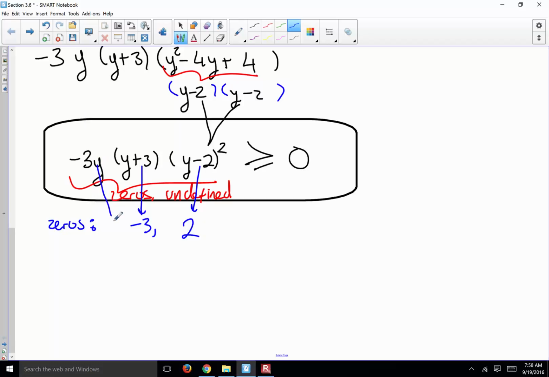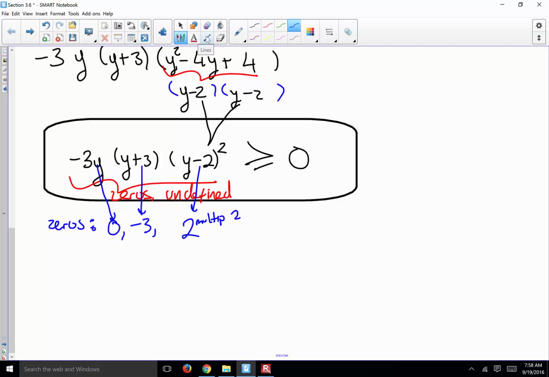This guy: y minus 0, that means 0 is a zero. There are 3 distinct zeros. Actually 4: 1, 2, 3, 4. This is a double. This is multiplicity 2. This shows up twice. But all I need is how many different ones.